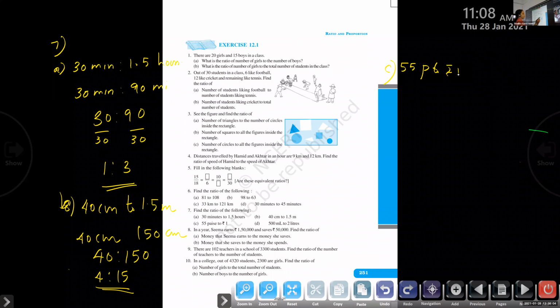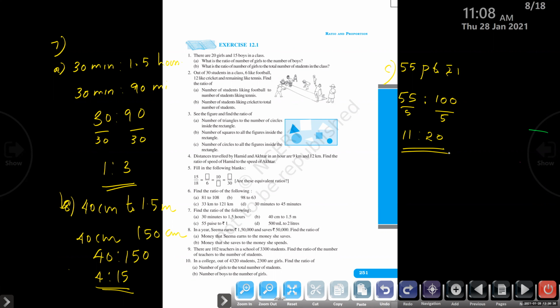Okay. 55 paise. So how will you convert rupees 1? 100 paise. So 55 is to 100. Common number? 5. So divide by 5, both. So we'll get 11 is to 20.